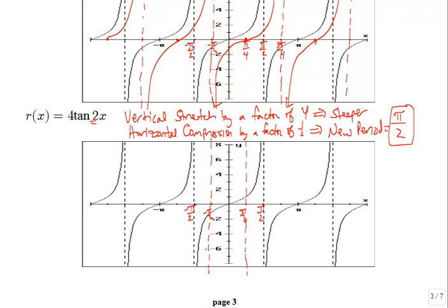And my tangent graph is now going to be squeezed in between these two red lines. It's going to have the normal tangent shape, but because I have this vertical stretch by a factor of 4, it's going to be much steeper than it normally would be. So it's almost going to look like a straight line going diagonally up.